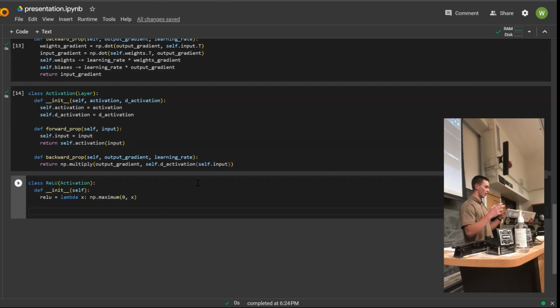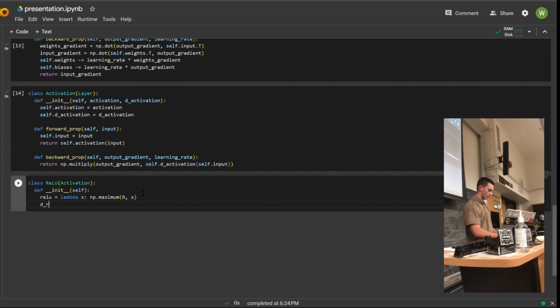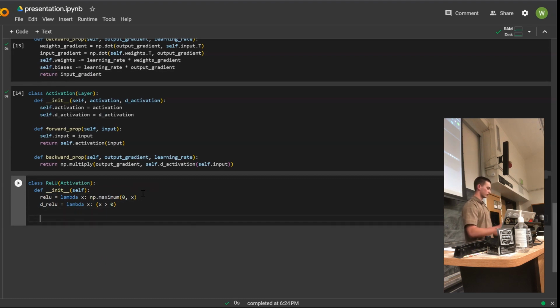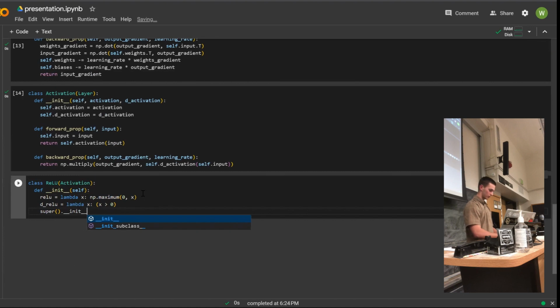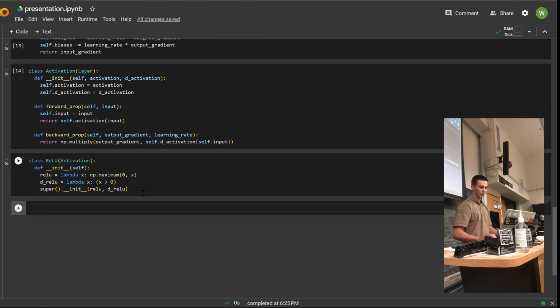Maximum computes an element-wise max between the two specified values. So it's just going to compute the maximum between 0 and x. Okay, and then our derivative is a pretty elegant way of doing this. Remember, it was 1 for positive values and 0 for negative values. So we're just going to return a Boolean here, x greater than 0. And so that'll be 0 if it's negative or equal to 0, and 1 otherwise. And then we are going to pass this up to the parent class. Okay, that's our ReLU function.